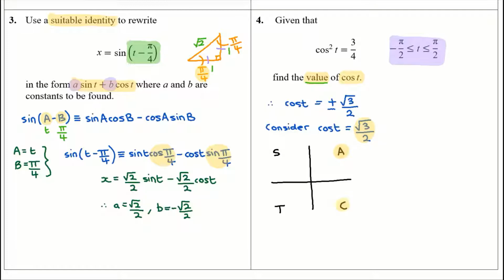So I would just put those on there. So there would be A there and C there. So those would be the two angles. And it doesn't matter what the angle is, but it would be T, won't it? Whatever it is, it doesn't really matter what it is.